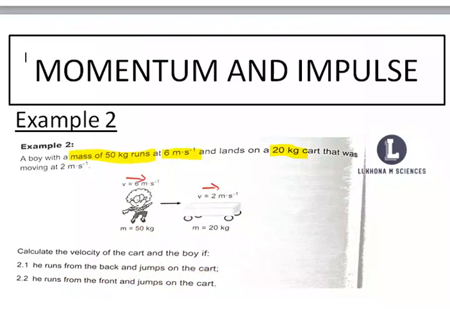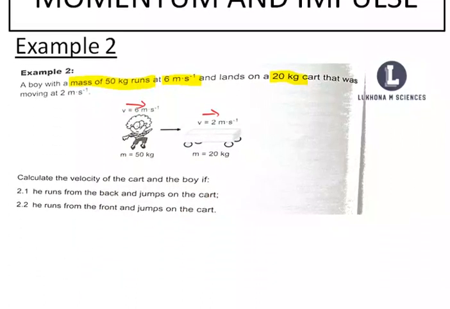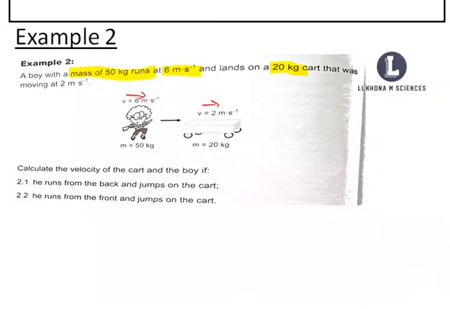So the boy runs in this direction. What we are going to do is use the conservation of linear momentum. Sum of the momentum initial is equal to sum of the momentum final.